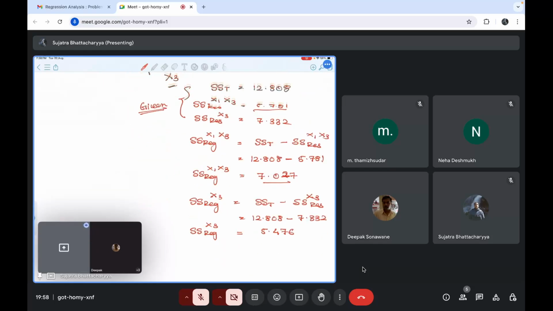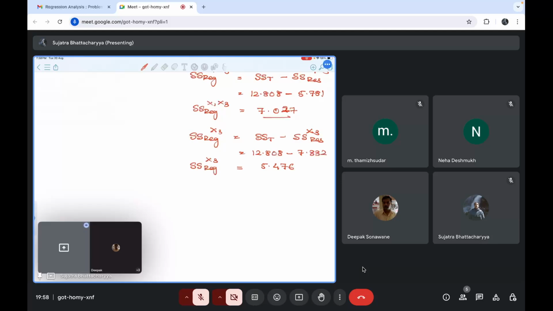MS residual is left for x1, x3. Let's calculate that also. MS residual x1, x3 is SS residual x1, x3 divided by n minus p. Now what is the p here? Two regressors are there, so p minus 1 is 2, so p is 3.